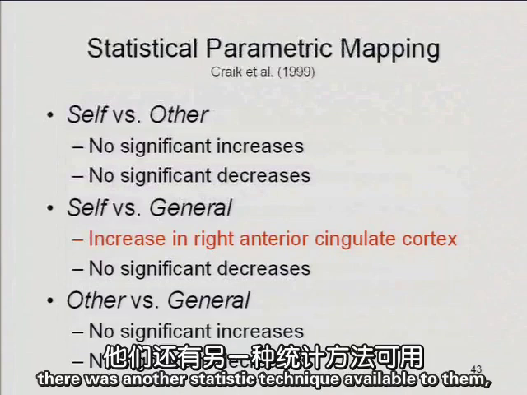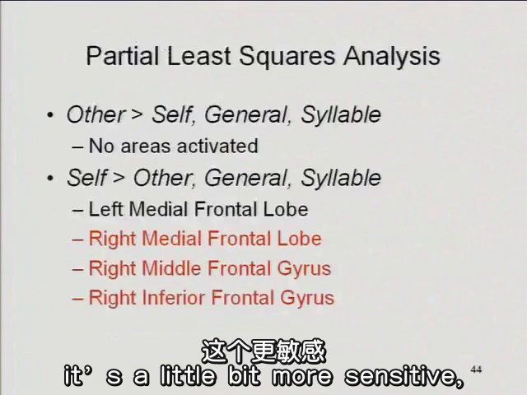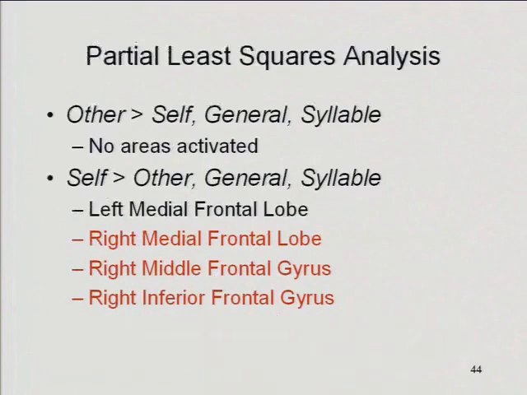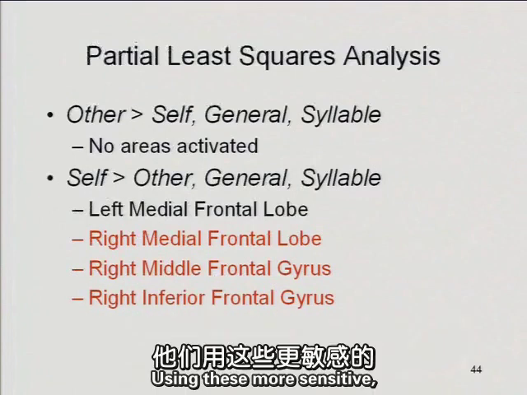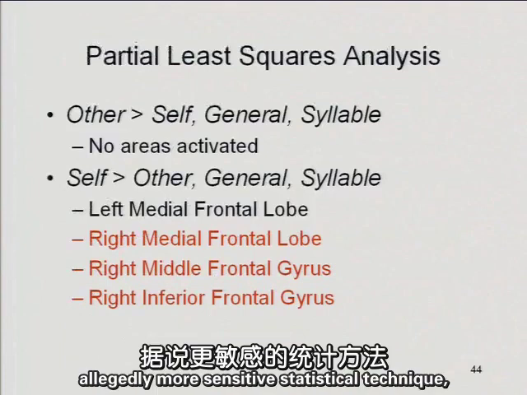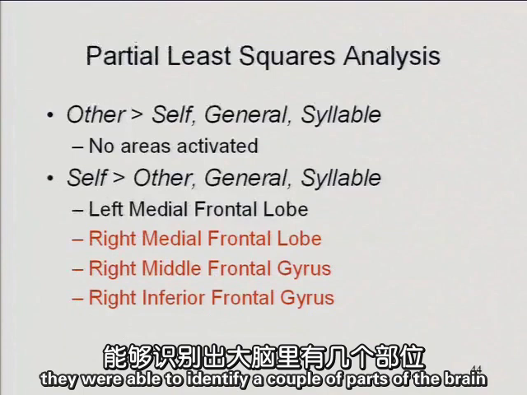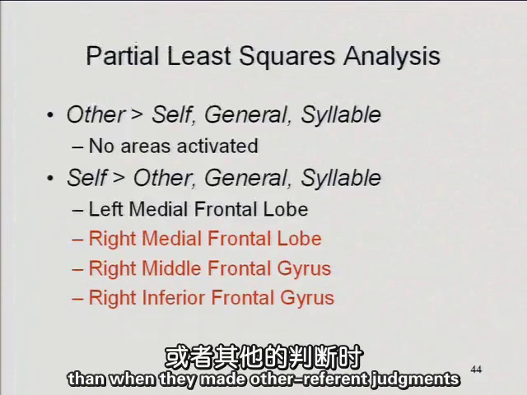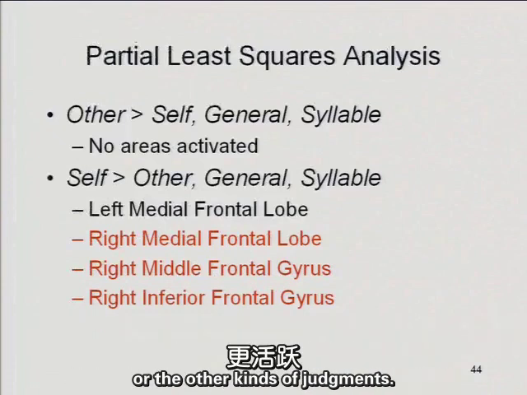Fortunately, there was another statistical technique available to them. It's a little bit more sensitive. You don't have to know these details. God love you if you do. But using this allegedly more sensitive statistical technique, they were able to identify a couple of parts of the brain that were more activated when people made self-referent judgments than when they made other referent judgments or the other kinds of judgments.